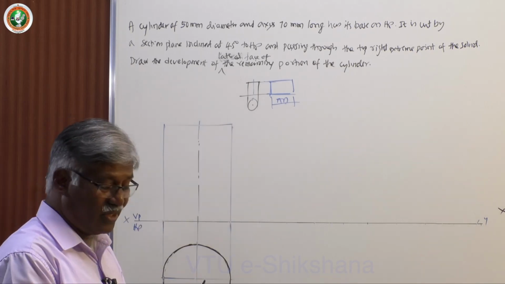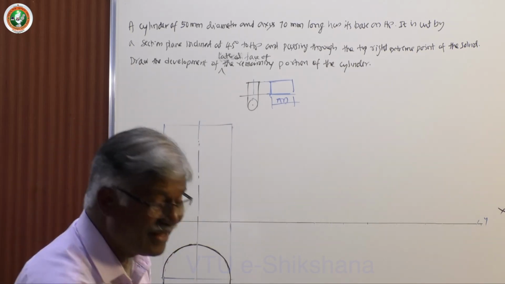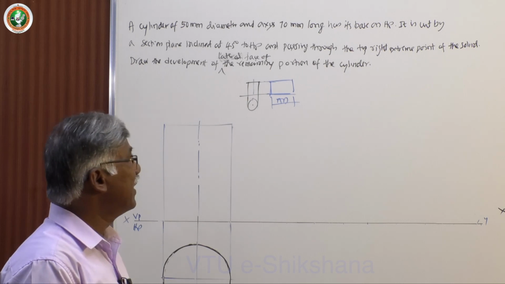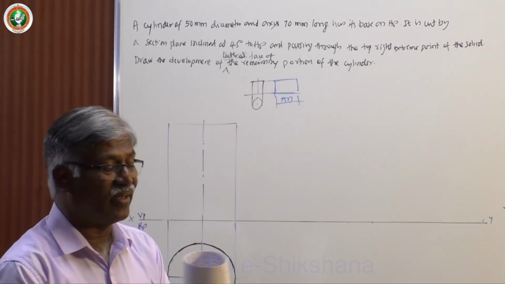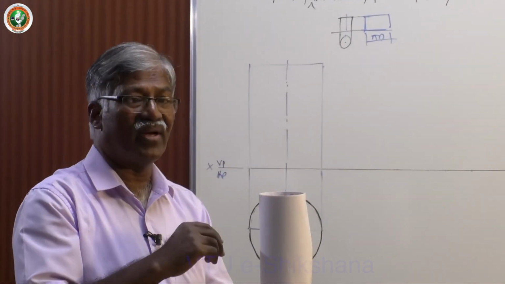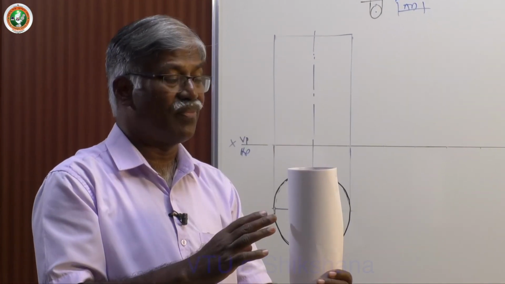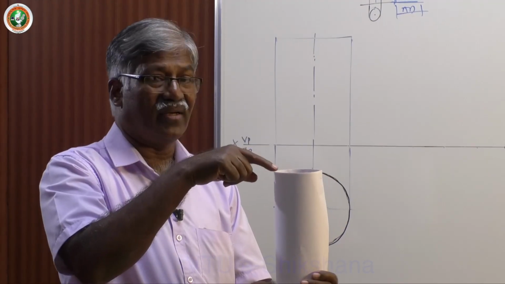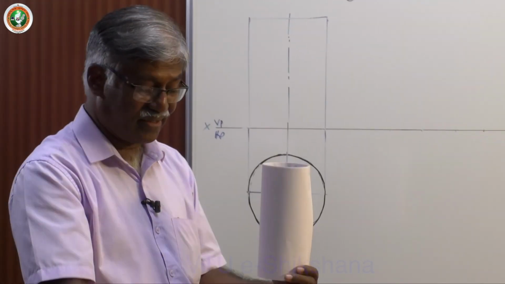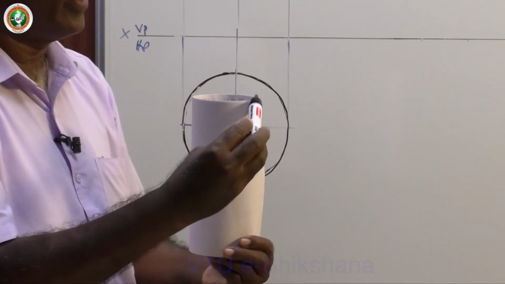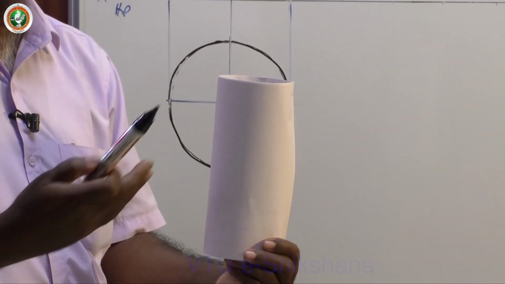Now, particularly in this problem, we have inclination to HP. It says it is the top right extreme point. Here, consider the number of points on the circumference of the top face. If you draw a diameter, you will get this is the left extreme point, this is the right extreme point. So, the section plane is going to pass through that.